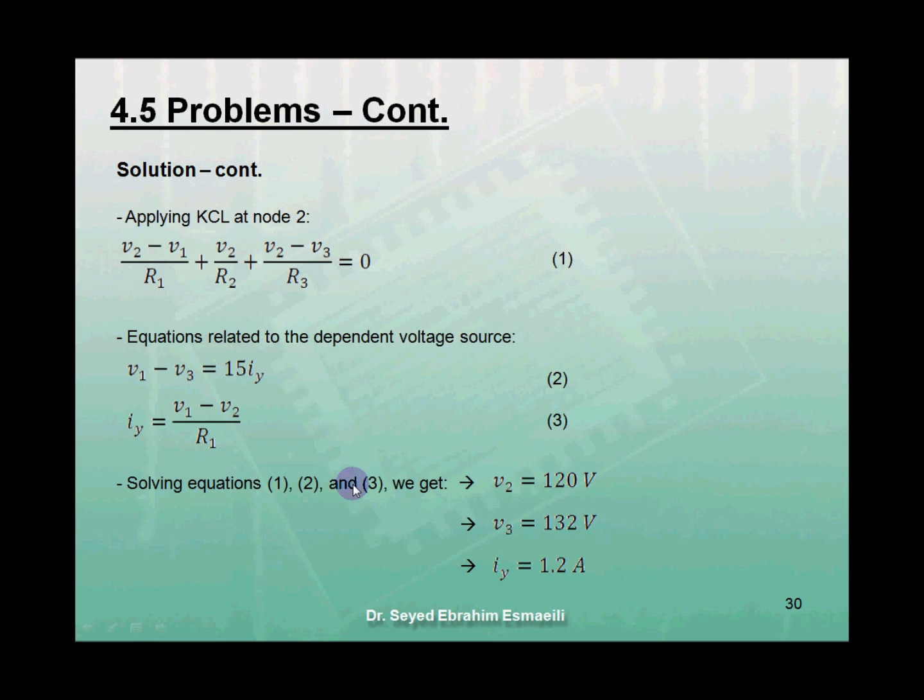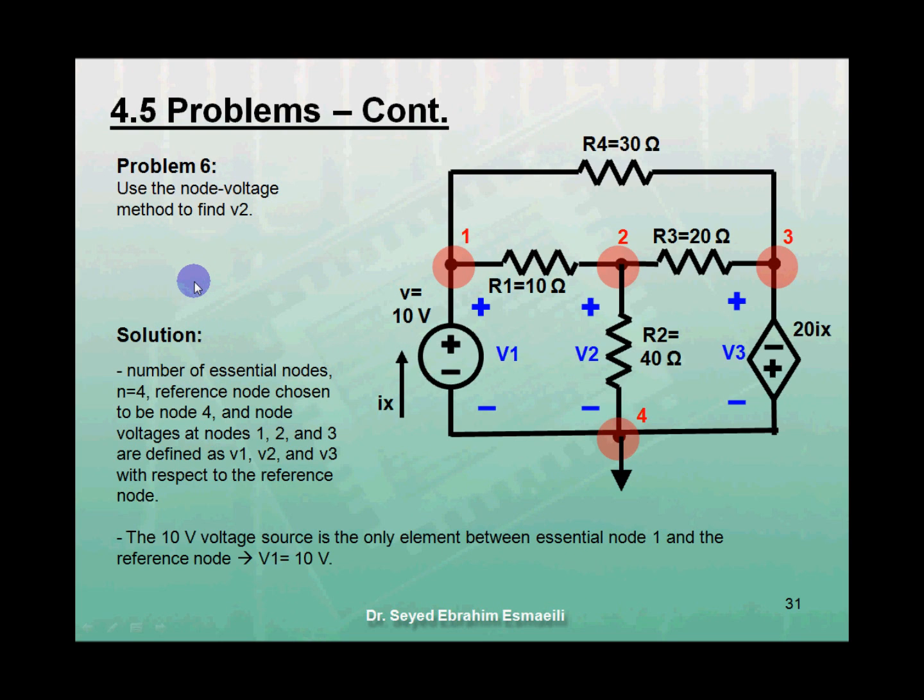Solving these three equations yields V2 equals 120 volts, V3 equals 132 volts, and Iy equals 1.2 amps.